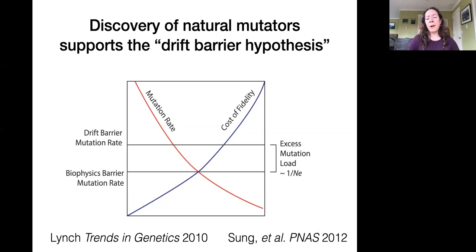But what Lynch actually hypothesizes is that most populations will exist at mutation rates above this optimal mutation rate. And how much above depends on the effective population size.